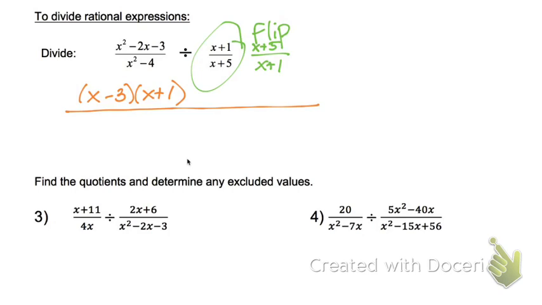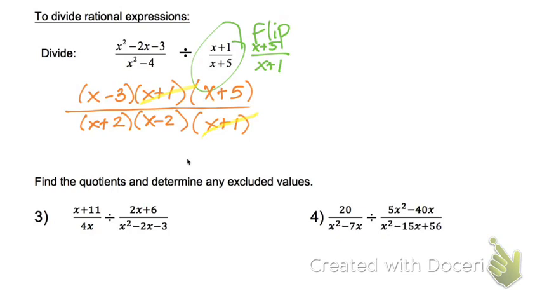How would I factor the bottom? x plus 2, x minus 2. Then I'm going to write the flipped version, so x plus 5, x plus 1. Now I start canceling. Ones cancel. Okay, I guess that's it.